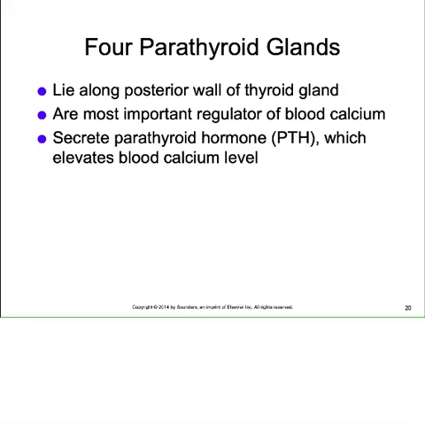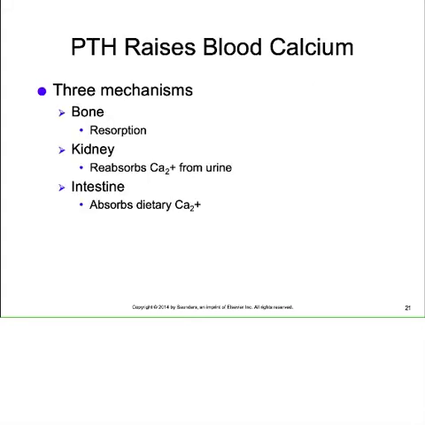The parathyroid glands produce a hormone called parathyroid hormone, and this is designed to increase blood calcium levels. It also reduces bone density, so it's an antagonist to calcitonin. You have to remember that parathyroid hormone is critical.